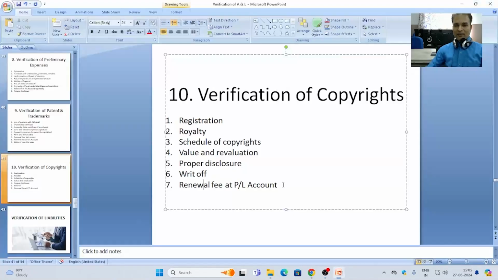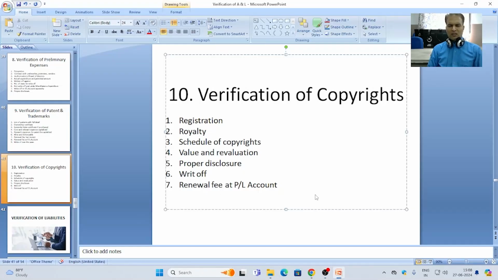In case of the cost of copyright, or if copyright is developed with research, then these types of expenses should be capitalized in the books of accounts of the client. So by following these points, an auditor can effectively do the work of verification of copyrights under the auditing process.